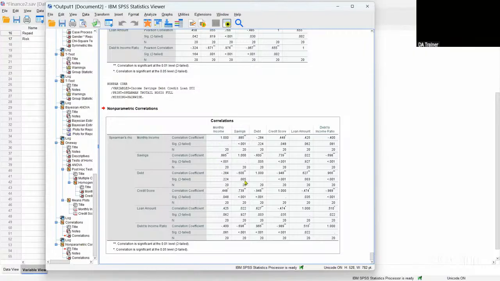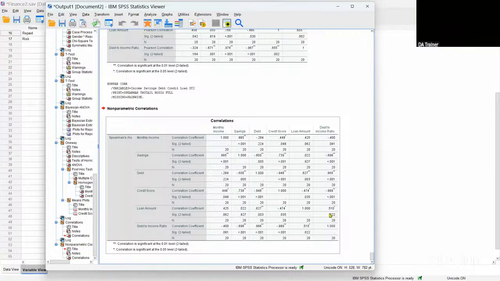And then debt also is giving a very strong correlating factor with credit score, not as strong as in Pearson, but strong, as you can see in debt to income ratio. Right? Loan amount, coming to the significance figure here, has no real strong correlation factor to what we are actually looking for.